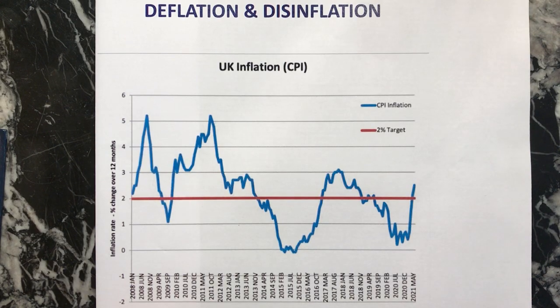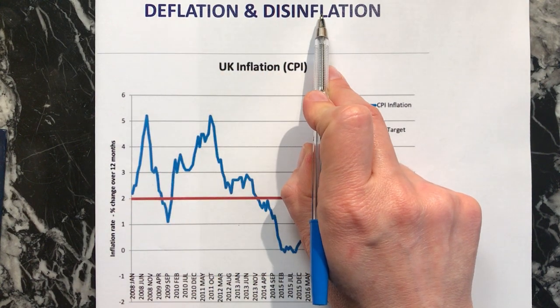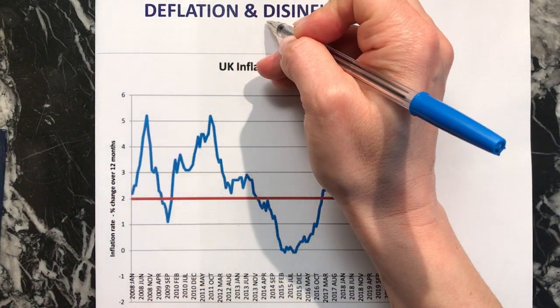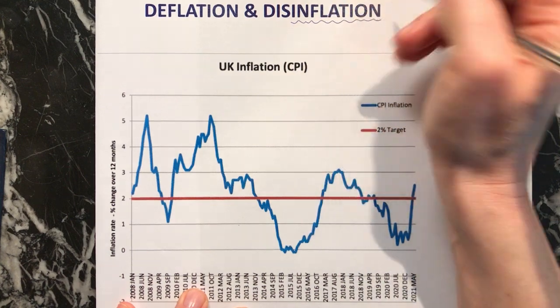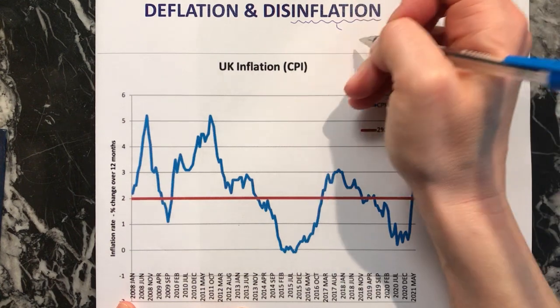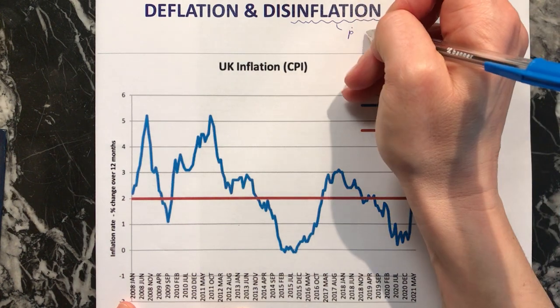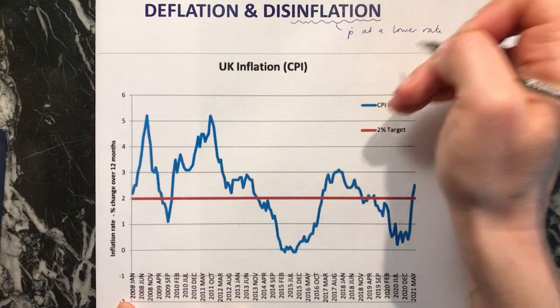Hi everybody, in this video we're going to look at the difference between deflation and disinflation. The main thing to remember here is that if you have disinflation, we still have inflation. There's still inflation in the word. Disinflation means that you have inflation still, so a sustained increase in the average price level, but it's at a lower rate.